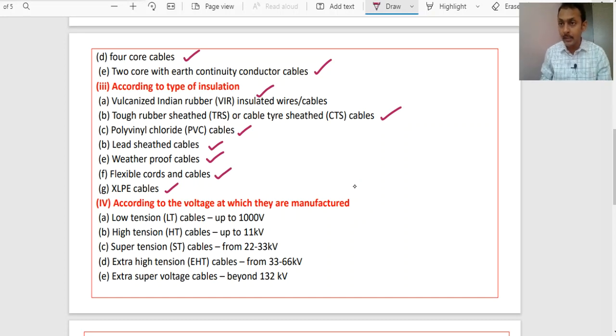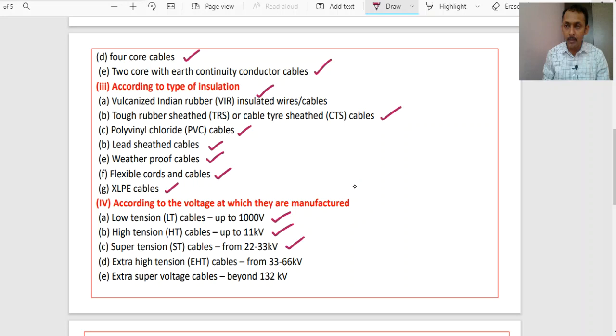Now, according to the application where the cable or wire is going to be used, whether for low voltage, high voltage, very high voltage, or extra high voltage applications, depending upon the magnitude of the voltage, we have low tension cables, LT cables, which can operate up to 1000 volts, high tension cables up to 11,000 volts, 11 kV, super tension cables from 22 to 33 kV operating voltage range, right?